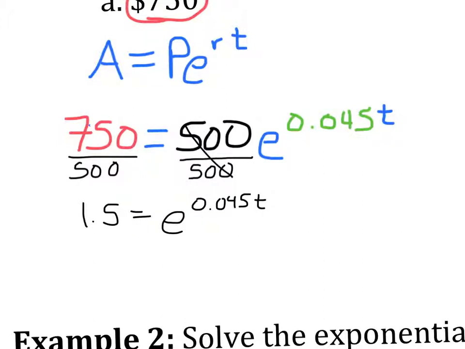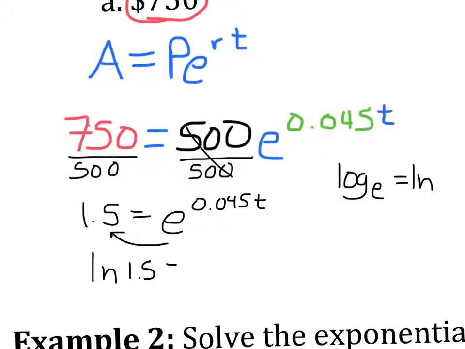Now I'm in a position to rewrite it. Remember what I told you before, that the log of e we called the natural log, ln. So when the base is 2.71, we just say ln. So how do I write it? Well, the natural log of 1.5 is equal to the exponent there, 0.045t.